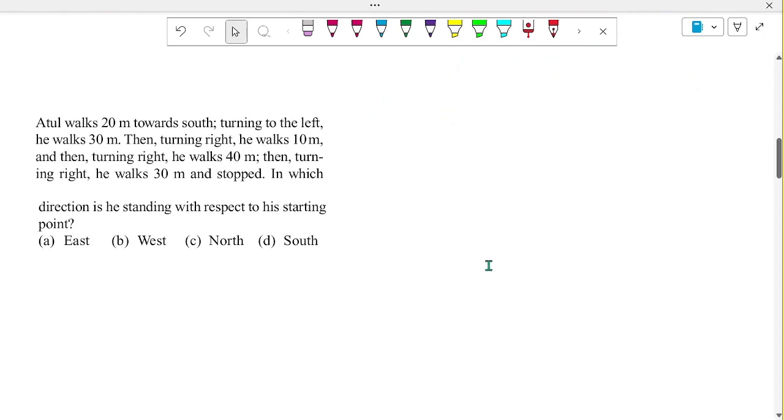Now you see the next question. Again, you need to draw the directions. NEWS. In all the directions, NEWS is created, right?